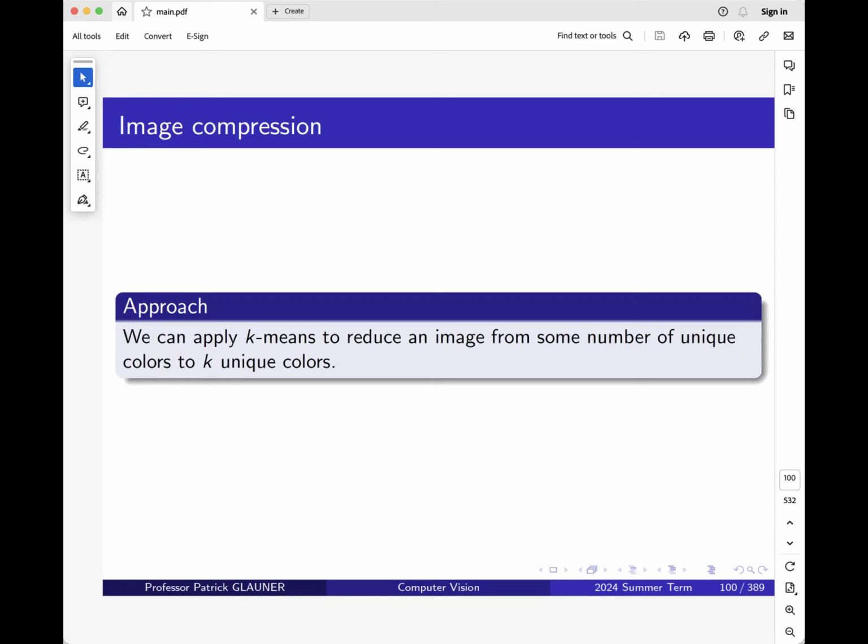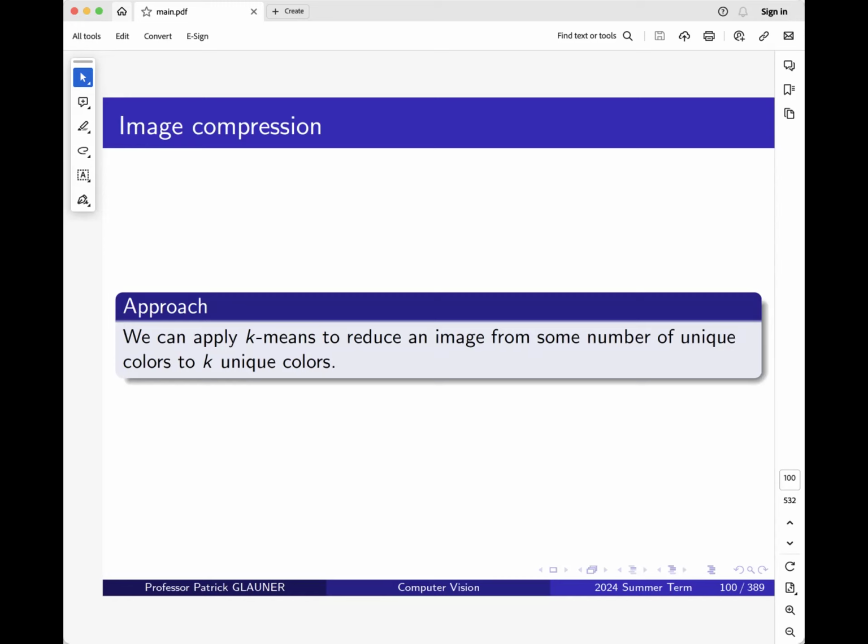But what we could do is we could just try to reduce the number of unique colors. Say we have an image and we have 10,000 unique colors in there, and maybe we can just have 10 unique colors to represent the image quite well. Because what we're doing in a traditional color digital image, we save these 3 channels per pixel, for example, in RGB, and we store these integers per pixel.